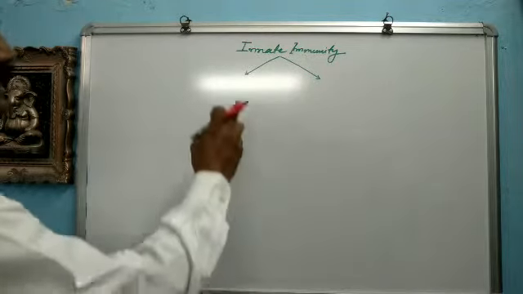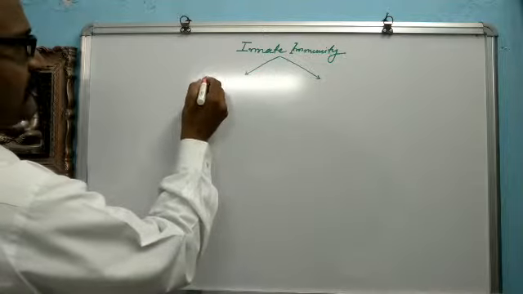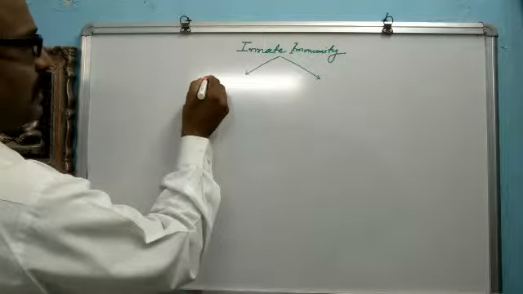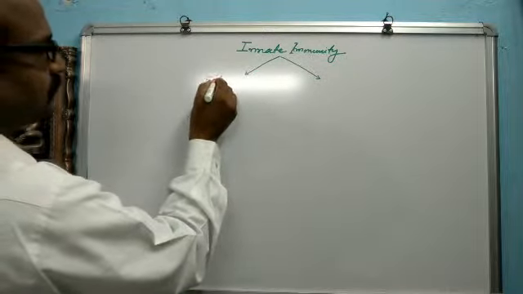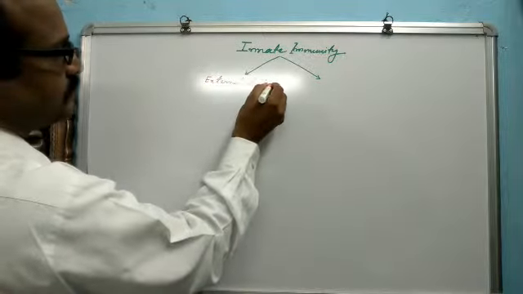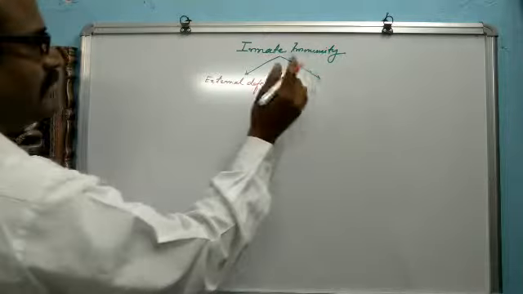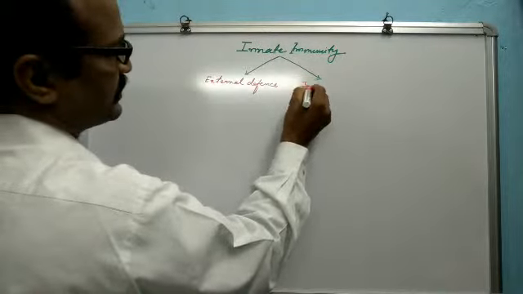This innate immunity has two branches. One is the external defense, and another is the internal defense.